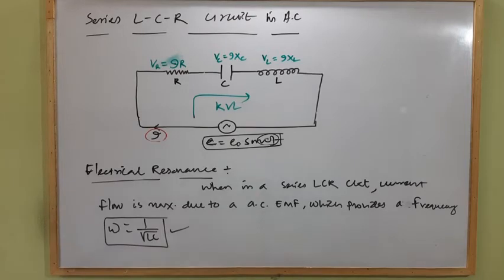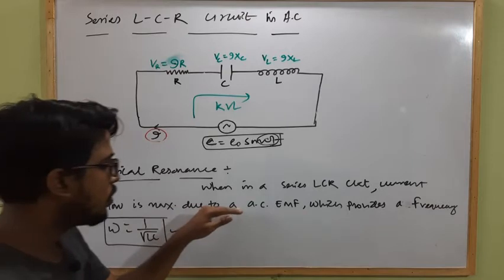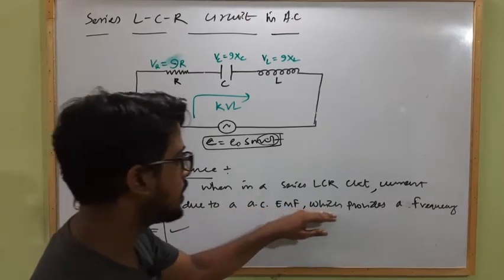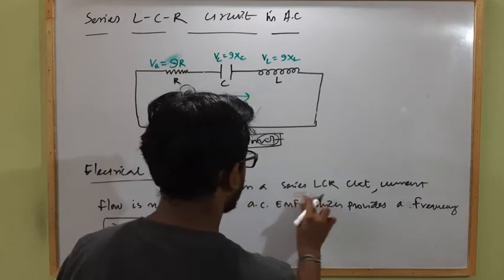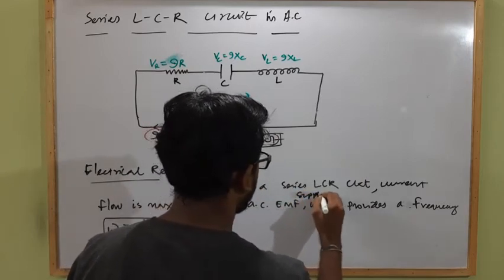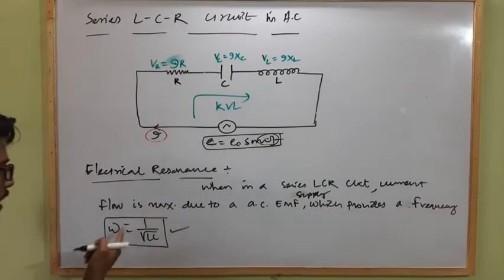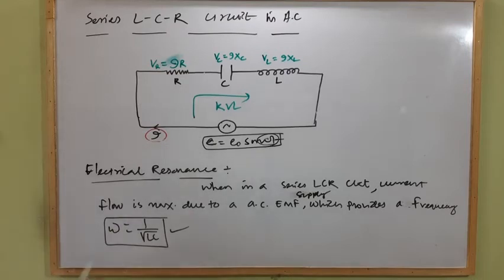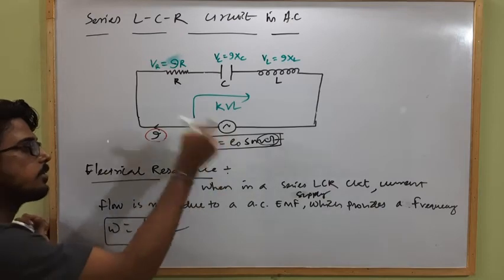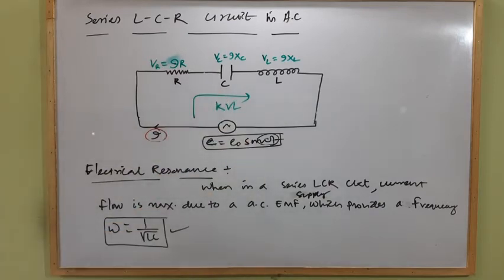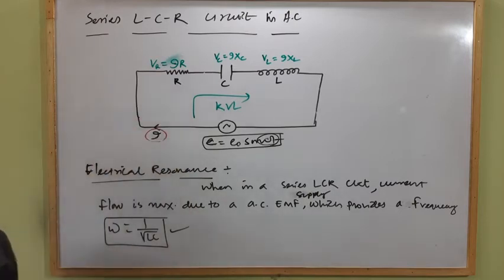Clear? So when in a series LCR circuit, current flow is maximum due to an AC EMF source or supply which provides a frequency omega equal to 1 by under root of LC, because this is the natural frequency of the given LCR circuit. So when both the supplied frequency and natural frequency coincide, the maximum current will flow through the circuit, and at that instant only electrical resonance takes place.